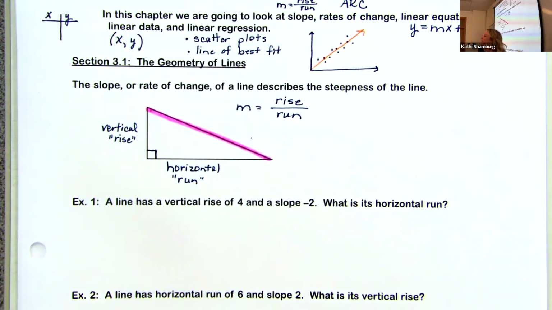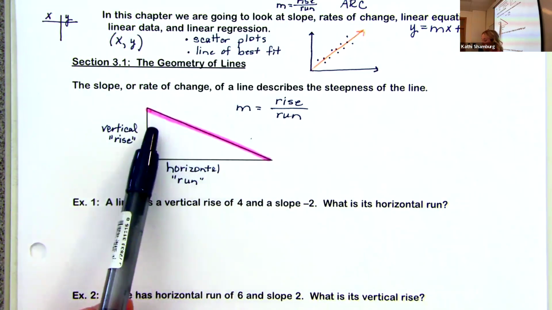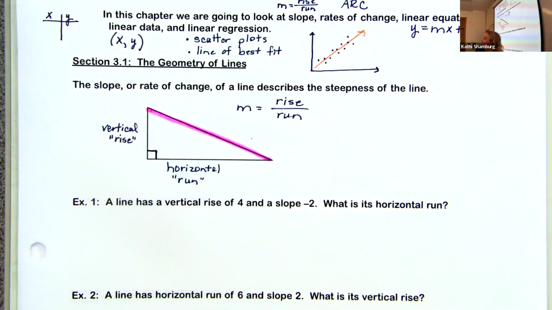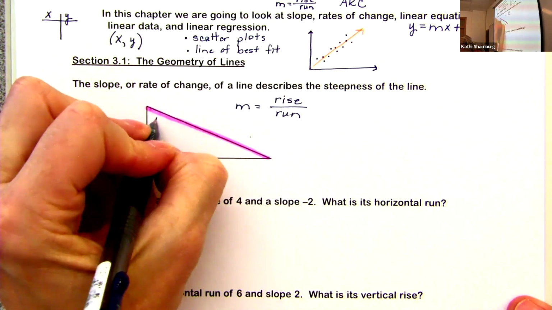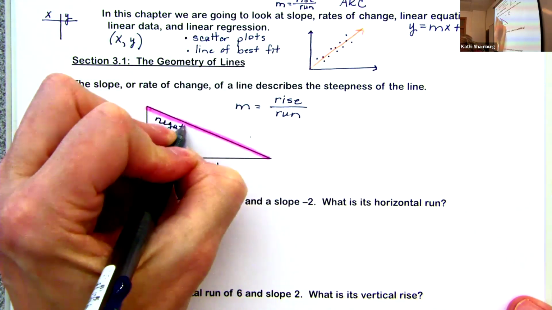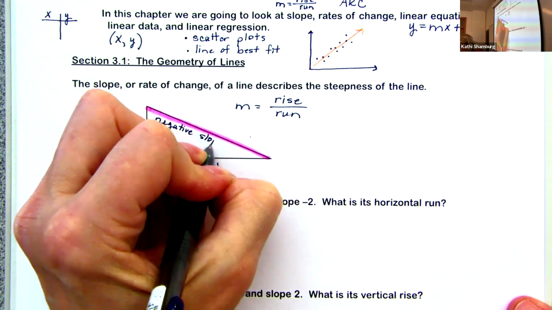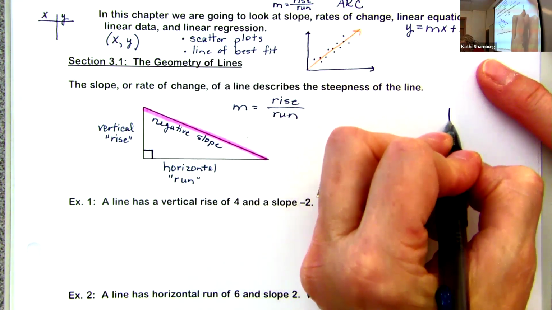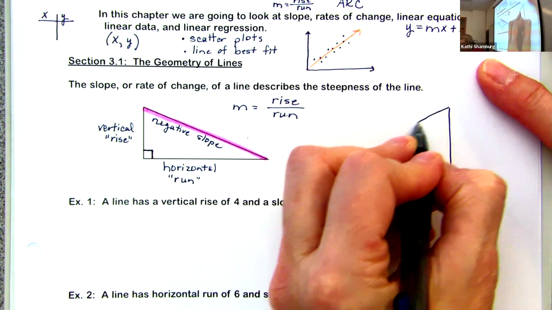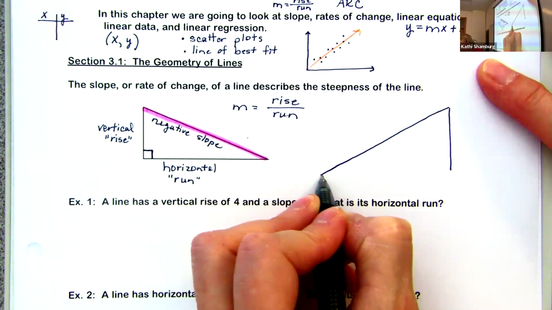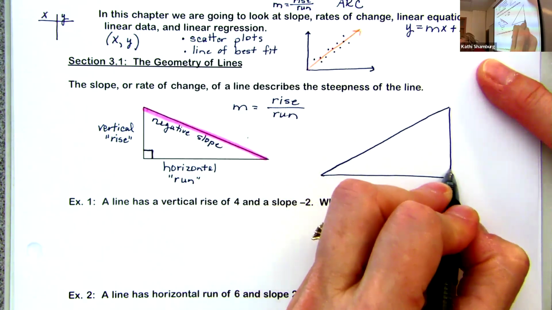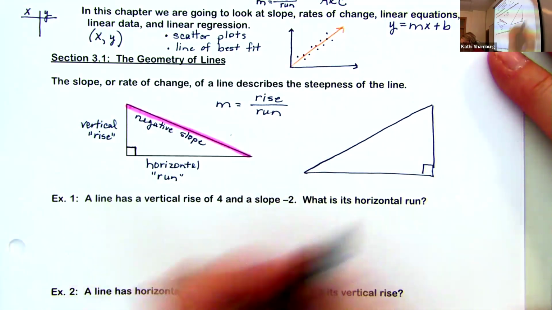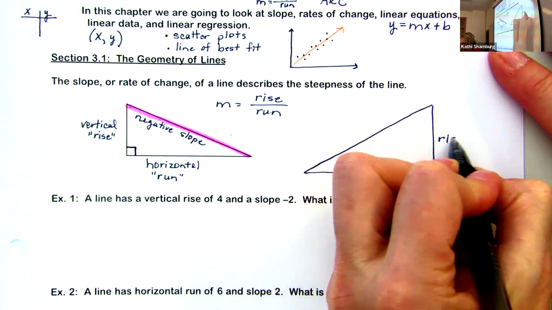Now, I don't have number values, but you can tell me something about this slope. What can you tell me about this slope? It's a negative slope. This would give us a negative slope because it's going down. All right, if I were to draw another triangle, even though it's going the other direction, here is your vertical rise.